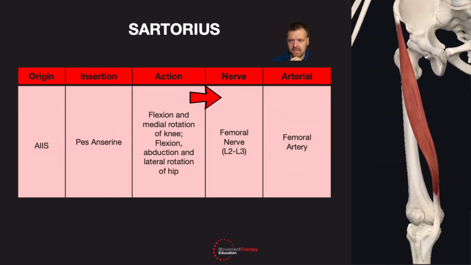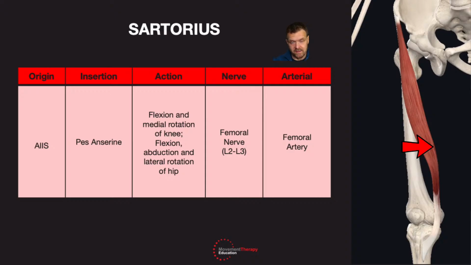Okay, so that's iliacus, and then we've got one more, which is the sartorius. So sartorius is called the tailor's muscle. And years ago, when tailors used to work, they used to work cross-legged.